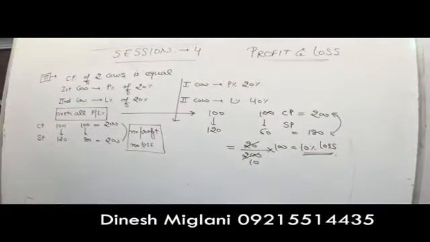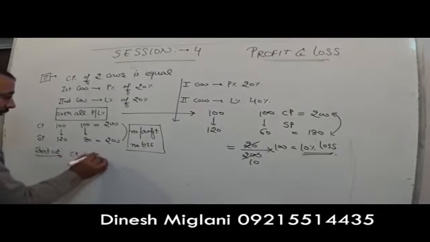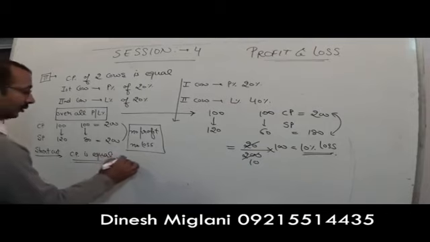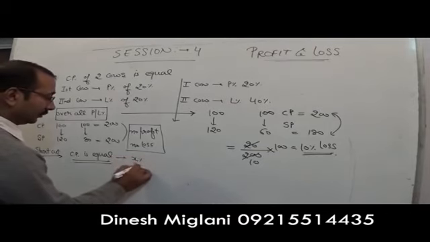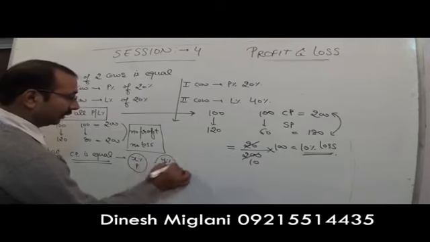Right? We have one shortcut method for this. What this method talks about, in any question when CP is equal, where we have two or more items in which cost price is equal, the first is sold at a profit of X%, second is sold at a profit or loss of Y%. It may be anything.